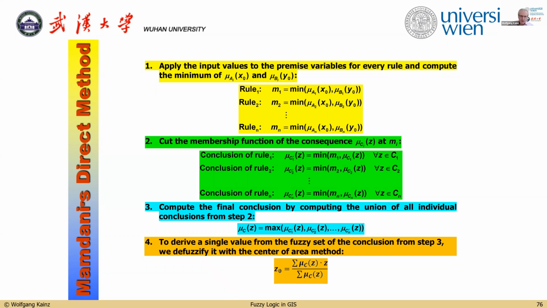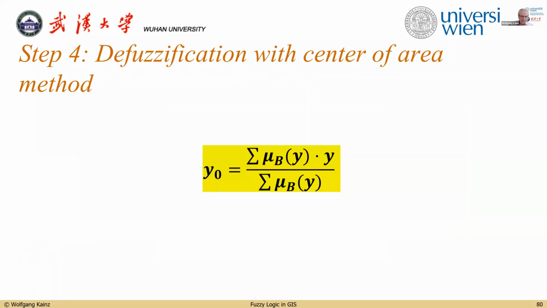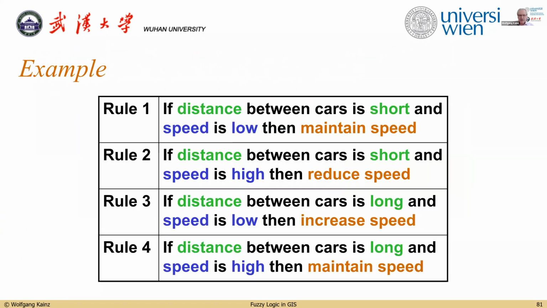Now, let's look at one particular example. Let's assume we have 4 rules, and this example has nothing to do with geodata. It's just taken from everyday life, driving, and perhaps the rules don't make much sense, but it is just for the sake of simplicity and giving you an idea how that can work. So we have 4 rules.